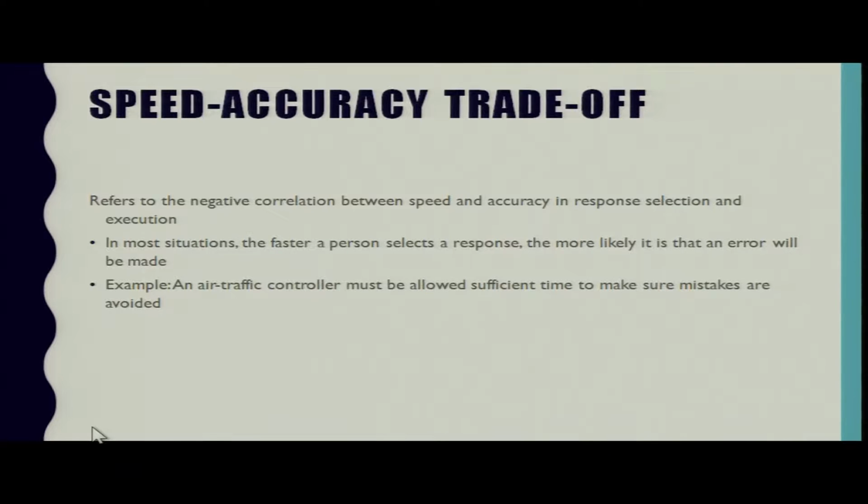Now the next topic is the trade-off between speed and accuracy. The speed-accuracy trade-off refers to the fact that in most situations of response selection and execution, the faster a person selects a response, the more likely it is that an error will be made.